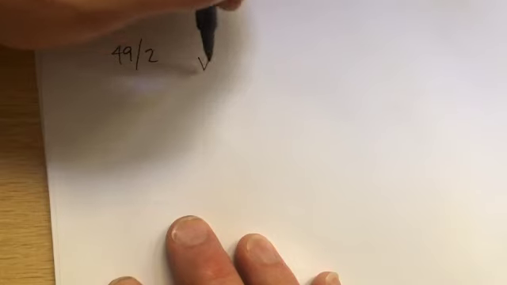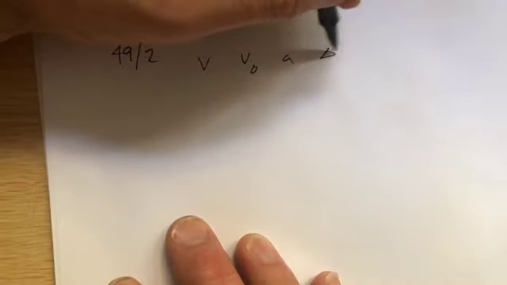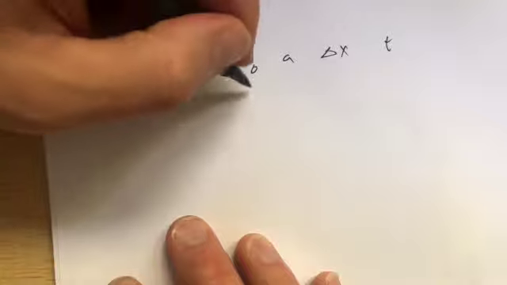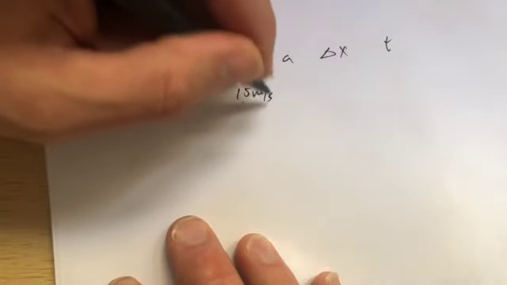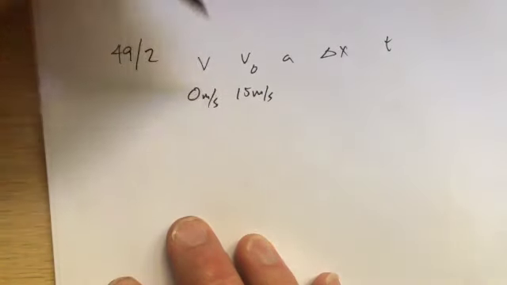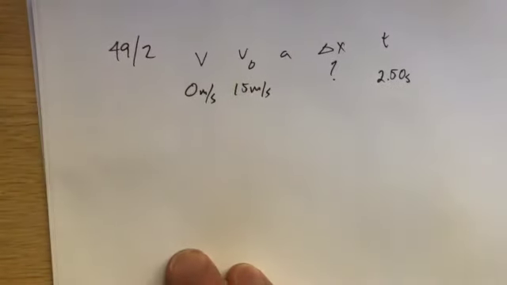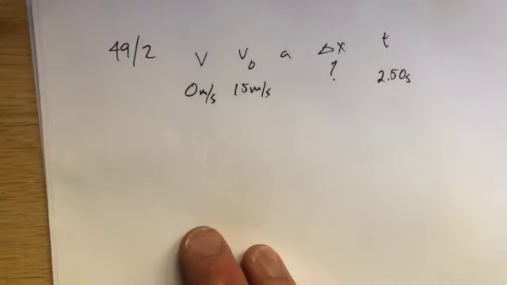So same thing, V naught, A, delta x, T. And it says she slows from 15 to 0, so her initial velocity is 15, her final velocity is 0. It does not tell us an acceleration, it just tells us a time, 2.50 seconds, and it asks us how far does she travel during that time.